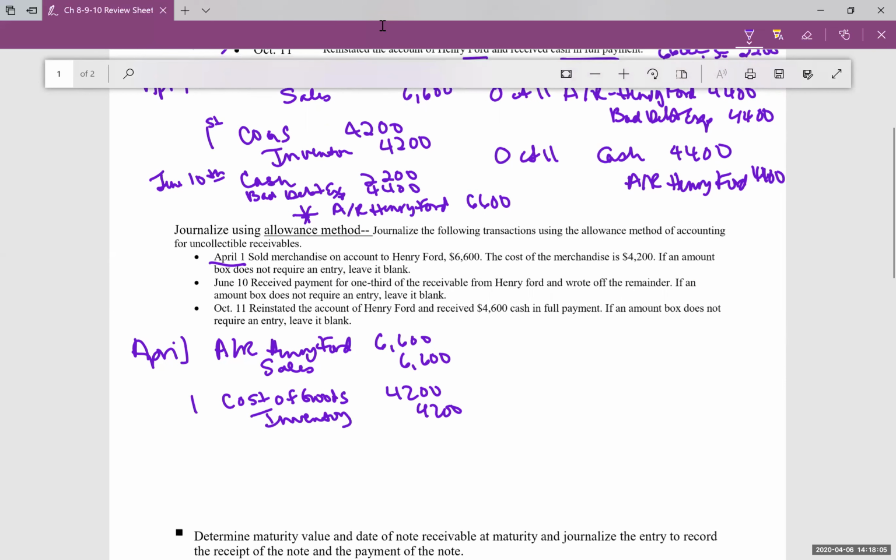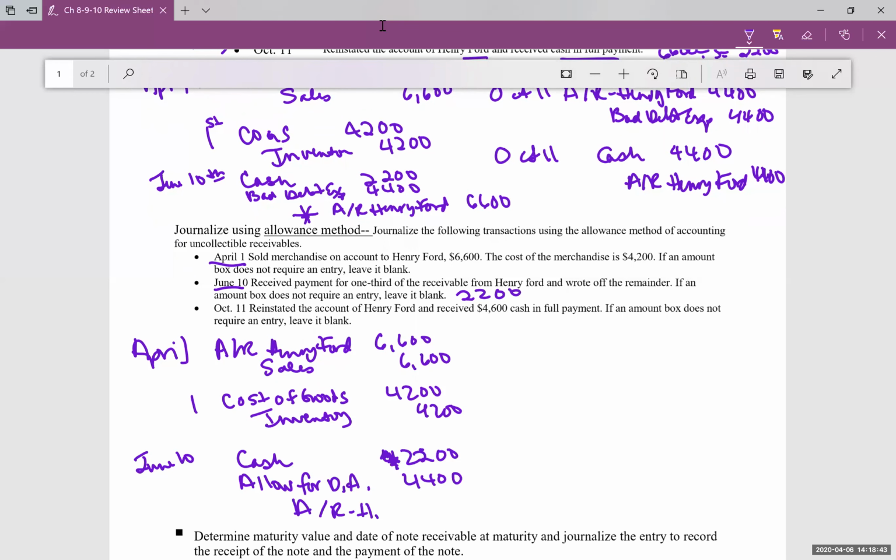That's the April 1st. June 10th, again, received the payment of 2,200, wrote off the remainder. Okay, so June 10th, this is a 3-liner. They did receive cash for 2,200, and then they wrote off, this time it's to allowance for doubtful accounts, $4,400, and then clear out the AR for Henry Ford for the full amount of the $6,600.